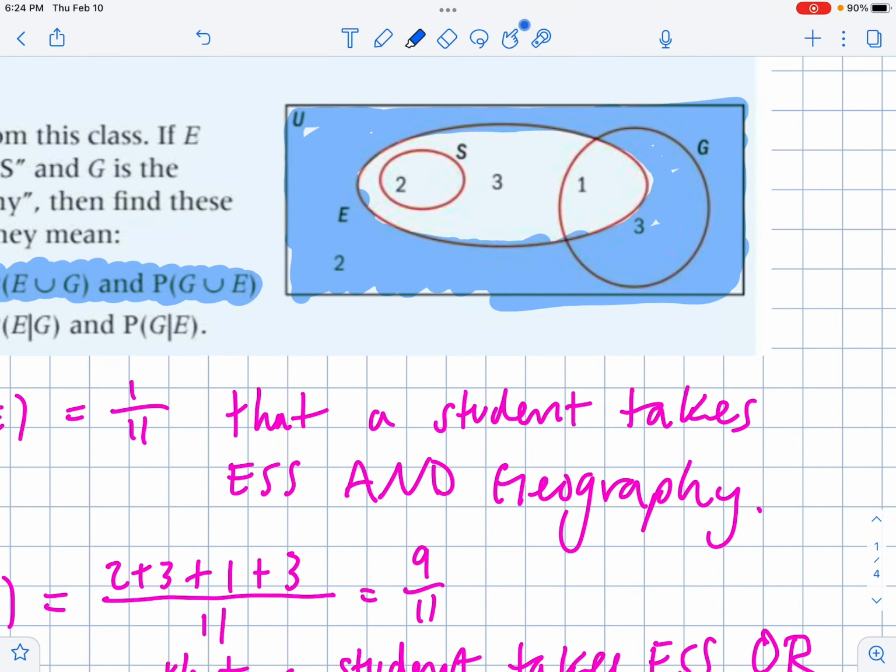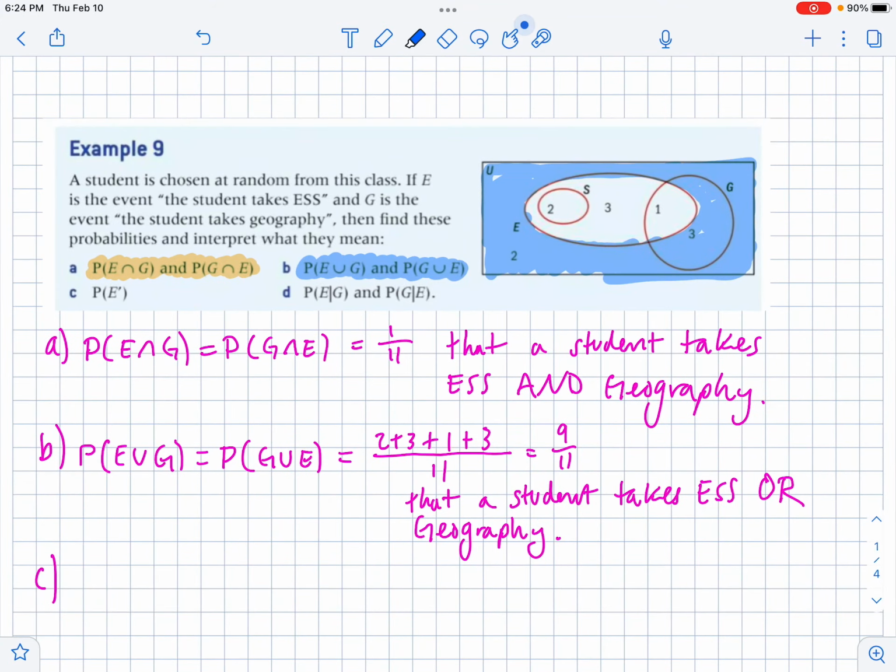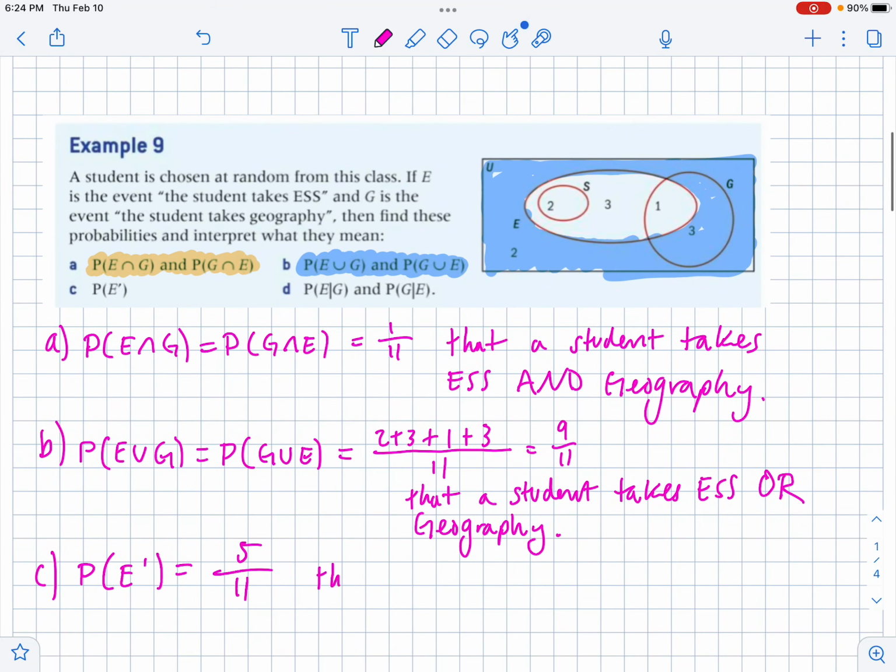It's everything outside of E, which looks like about 5 people that are not taking ESS. So the probability of E naught is 5 out of the 11. Do we have to say what this represents? Yes. Student does not study ESS.